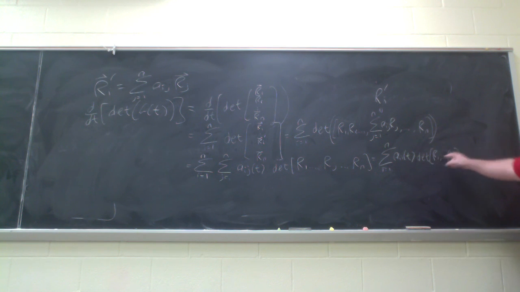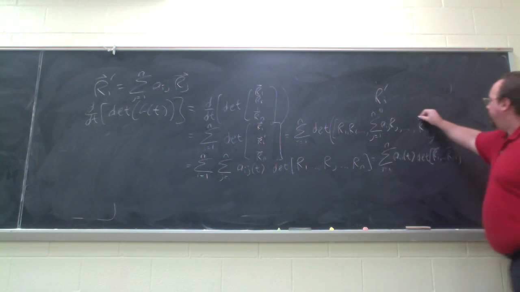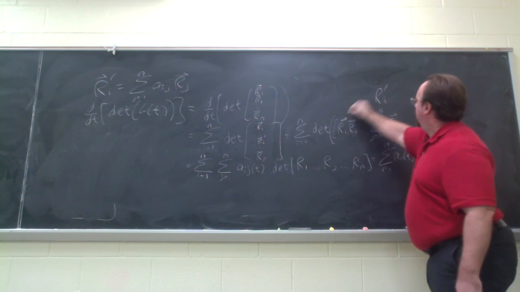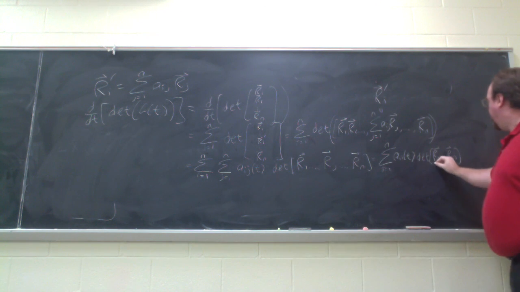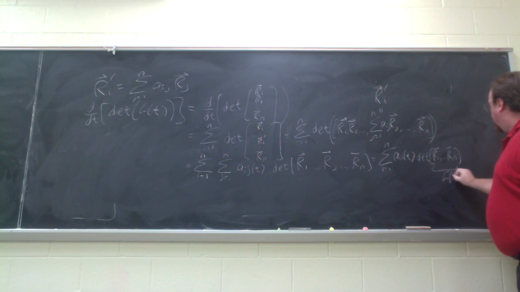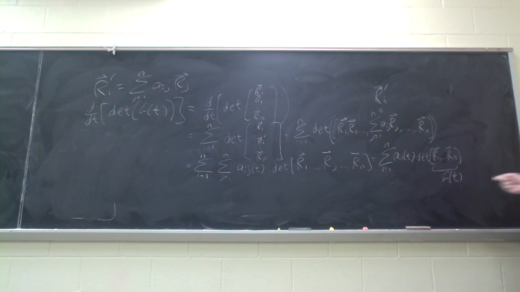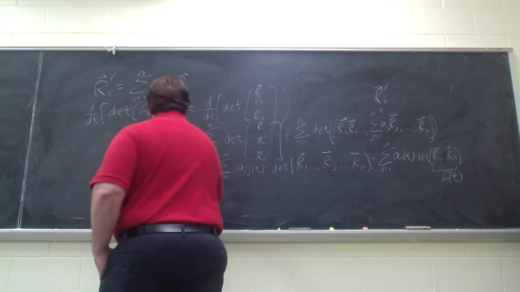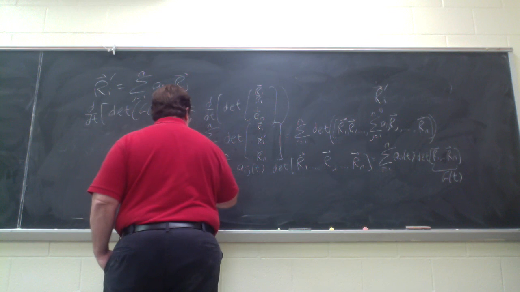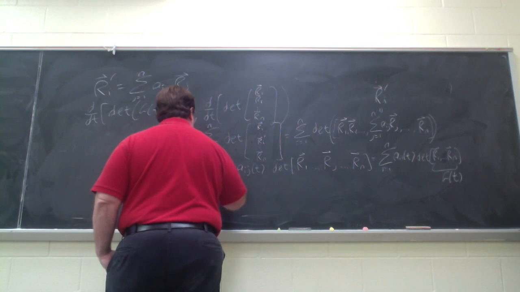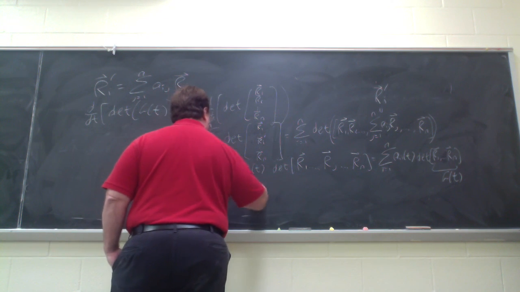But all the rows, R1 to Rn, forgetting my vector symbols, that's g of t. So now I get the derivative of the determinant of g of t is the trace of A of t times the determinant.